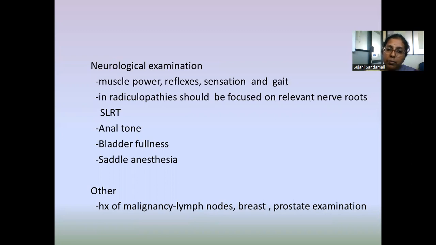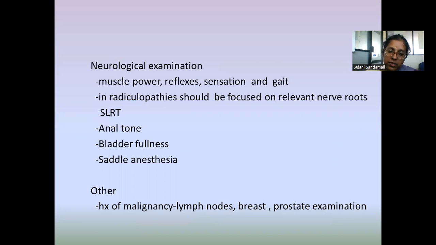And when a patient presents with acute back pain with some lower limb neurological findings, never forget to examine anal tone, bladder fullness, that is the palpable bladder, and the saddle anesthesia, which indicate cauda equina syndrome.